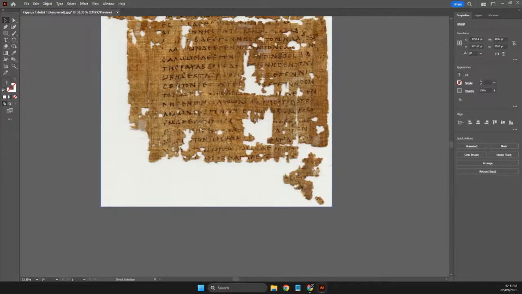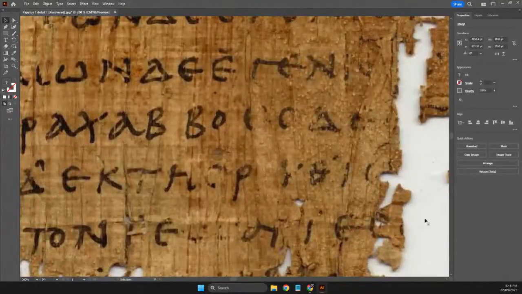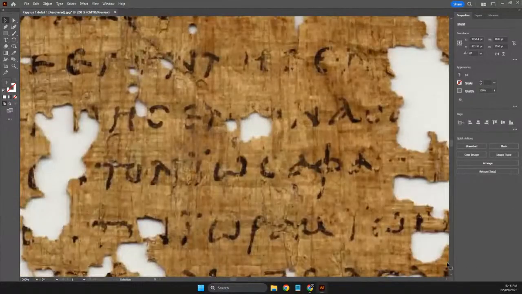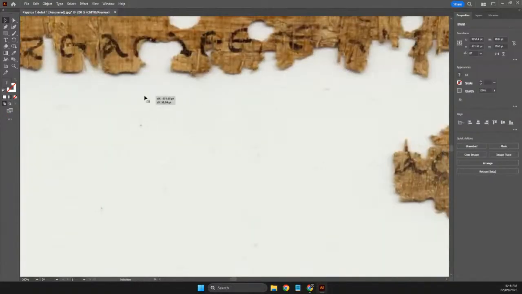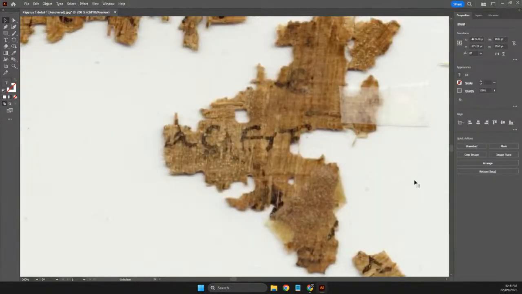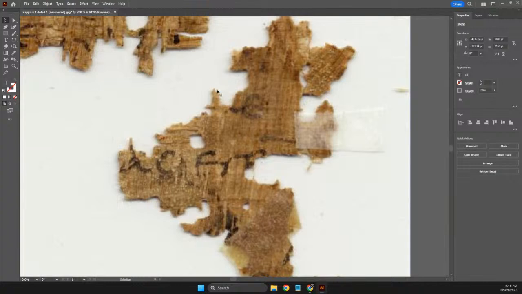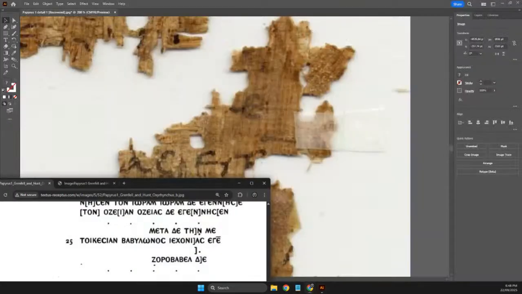So let's zoom in on that little square down the bottom. Let's check it out. So a M and an E, a meme and an epsilon. That seems to be what it has there.